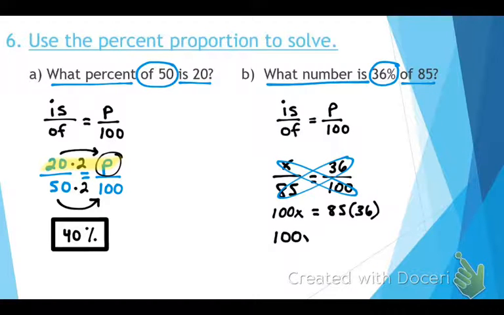And what is 85 times 36? Very good, 3060. Now remember, your whole goal is to get the x by itself. How do I do that? Good job. What we do to one side, class? You got to be fair and do it to the other. What's my final answer? 30.6.